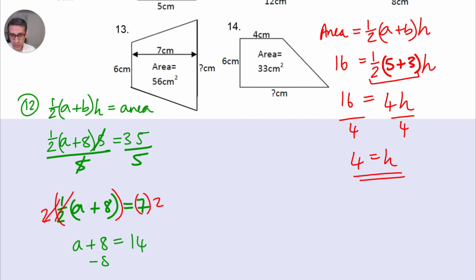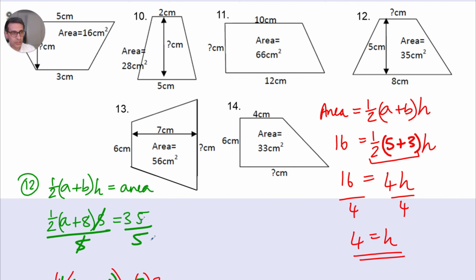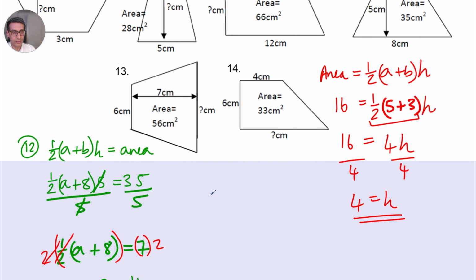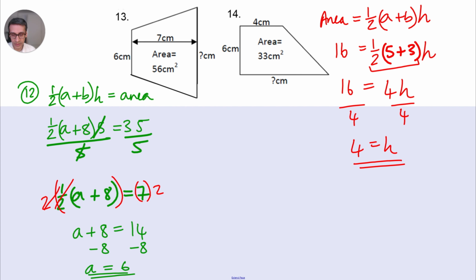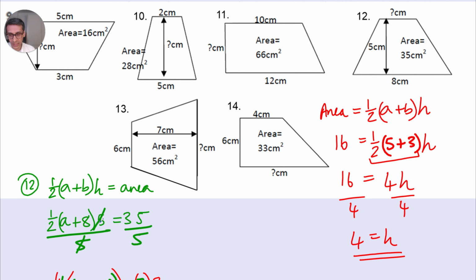And then I'm going to take away 8, take away 8. So from here, we can see that a is equal to 6. And then we can see from the diagram, this has to be in centimeters. So it's going to be 6 centimeters. And we can check if this is correct by just substituting it back into the original question.